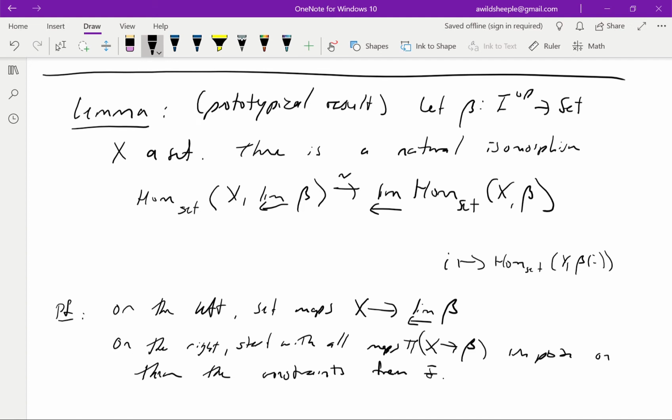And of course, the naturality is basically obvious. It just means that if I want to compose with some other morphisms, then everything is fine. And this is clear from the definition.